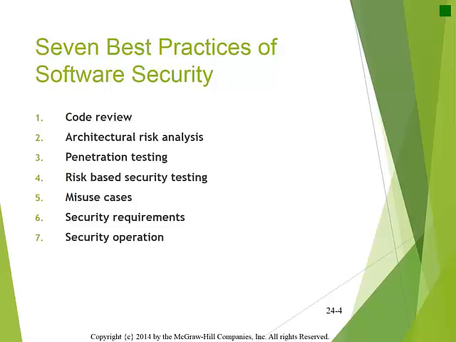Architectural risk analysis can identify design flaws in the architecture, poor compartmentalization, inadequate protection of critical assets, failure to control role-based access to resources, and failure to authenticate.